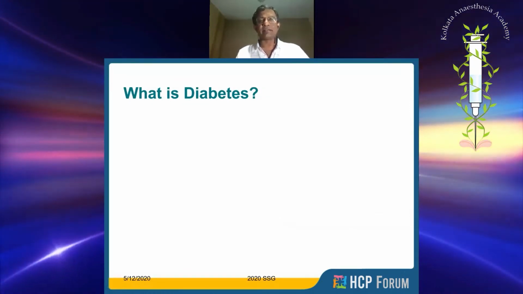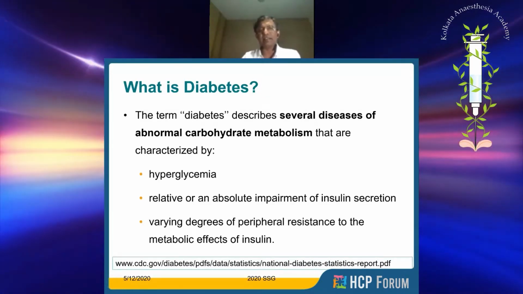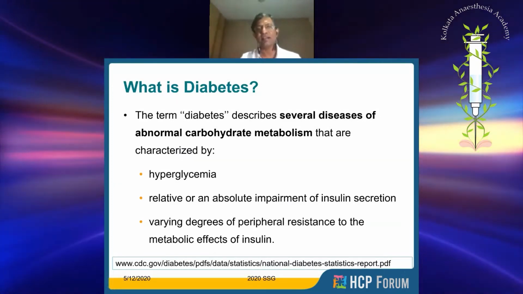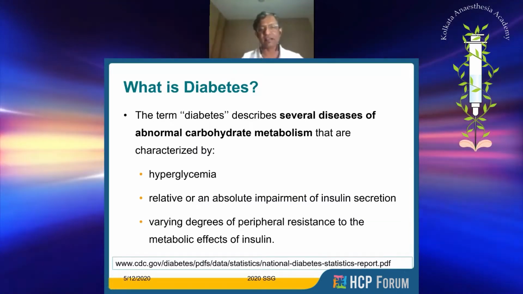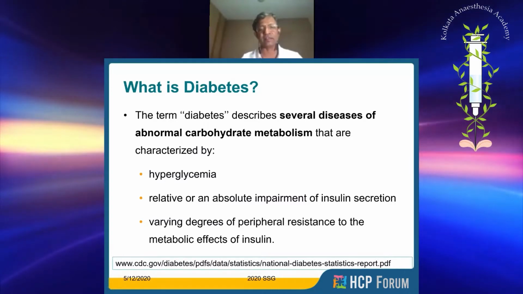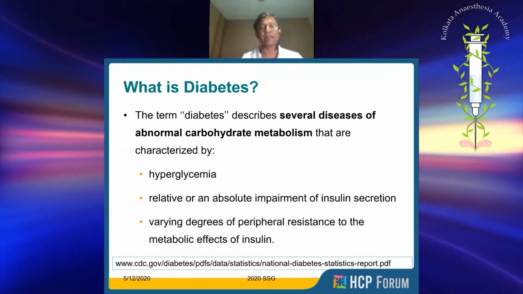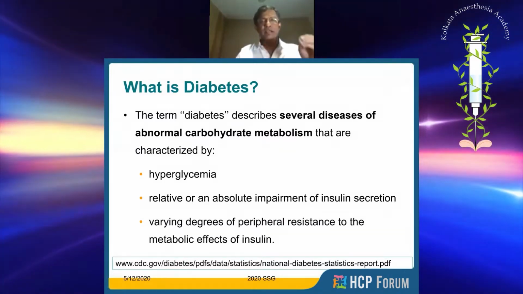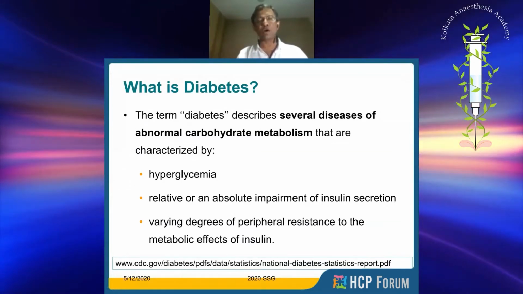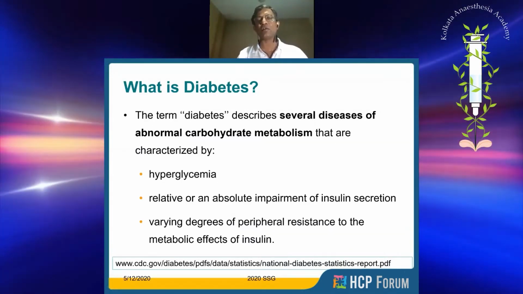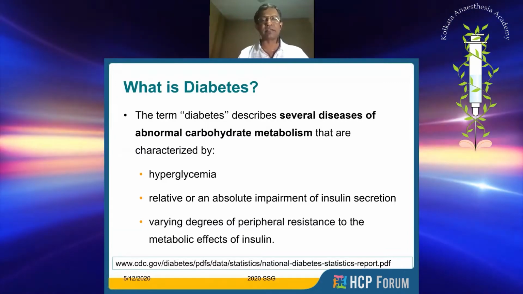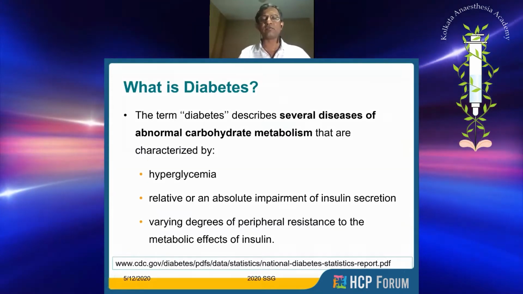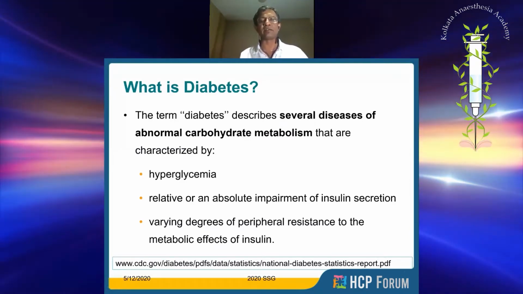So, what is diabetes? Well, the term diabetes essentially describes several diseases of abnormal carbohydrate metabolism which are characterized by, and this is a textbook definition, which is also at the CDC, about hyperglycemia and a relative or an absolute impairment of insulin secretion, along with varying degrees of peripheral resistance to the metabolic effects of insulin.